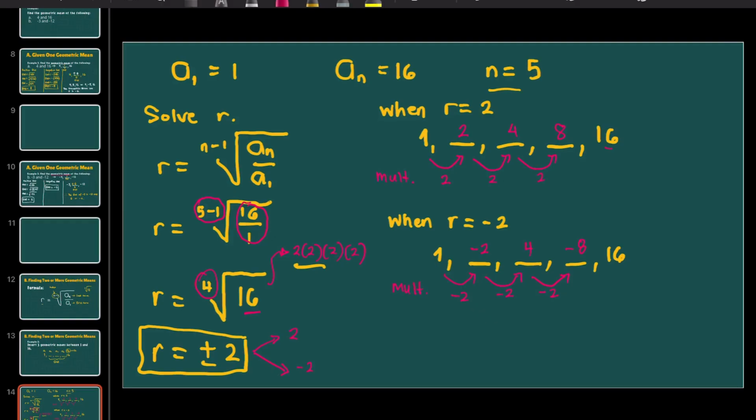So, therefore, ang answer natin dyan, the geometric means when R is 2 are 2, 4, and 8.